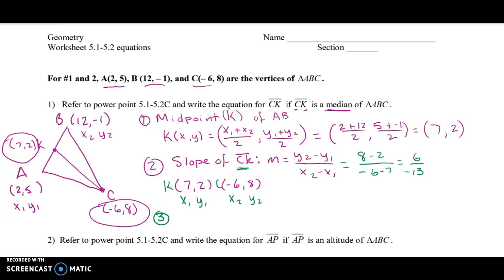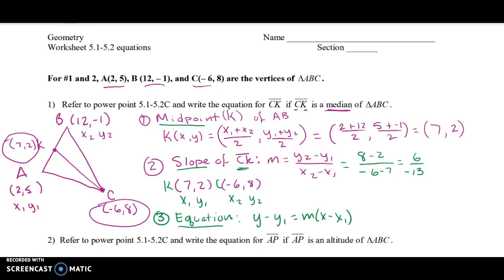Okay, so the last thing that we have to do on this one is find the equation of the line. So first we found the midpoint, then we found the slope of CK, then we find the equation. So now we'll use y minus y1 equals m times x minus x1.